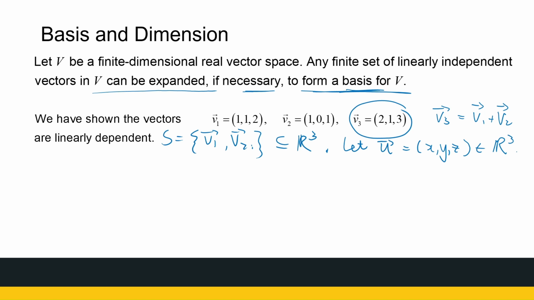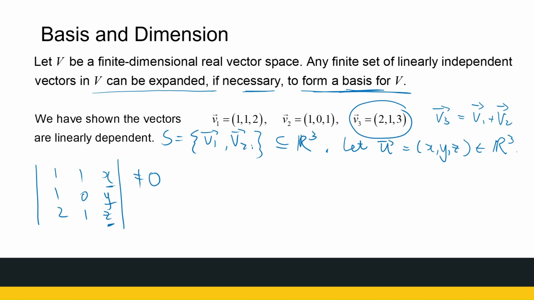Now we already know we're looking at span and we're looking at linear independence. What that's going to generate are systems of linear equations. So we're going to be looking at the determinant of the coefficient matrix of the system, which will be 1, 1, 2, 1, 0, 1, and x, y, z. I want that determinant to be non-zero. So the question is, what must x, y, and z be for that determinant to be non-zero?